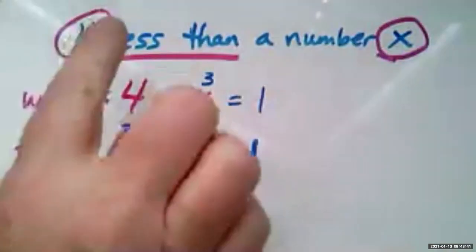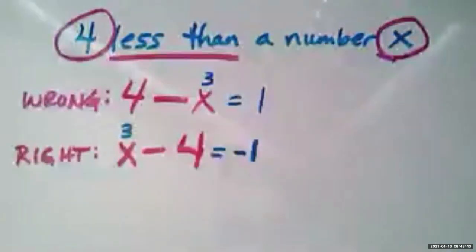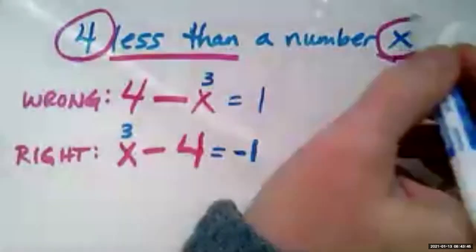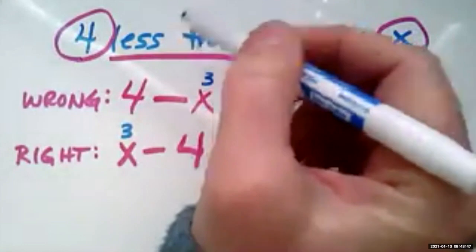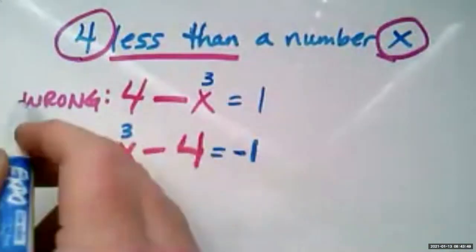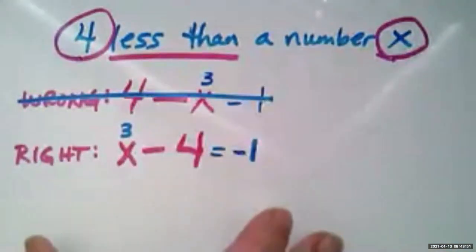Now, the other part is 4 less than a number. You actually have to start with the number before you can go 4 less than that.